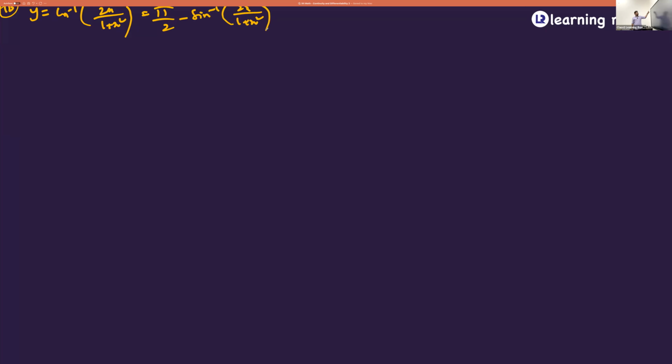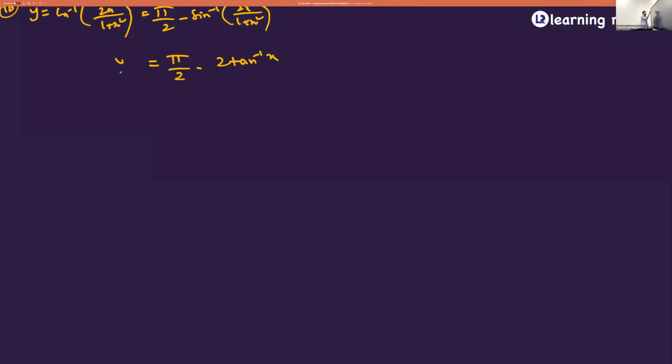According to the property, cos inverse of something plus sine inverse of something is pi by 2. So cos inverse of 2x by 1 plus x square will be pi by 2 minus sine inverse of the same angle. Right? But what is sine inverse of 2x by 1 plus x square? 2 tan inverse x. See, that is directly 2 tan inverse x.